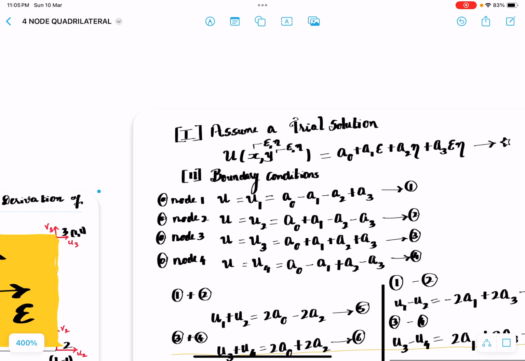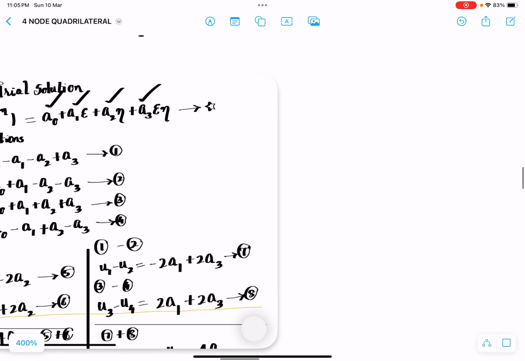Once you solve the 4 equations for the 4 unknowns, you can substitute the values of A0, A1, A2, A3 in the star equation. Those values will be in terms of u1, u2, u3, u4. That's what we did last class.